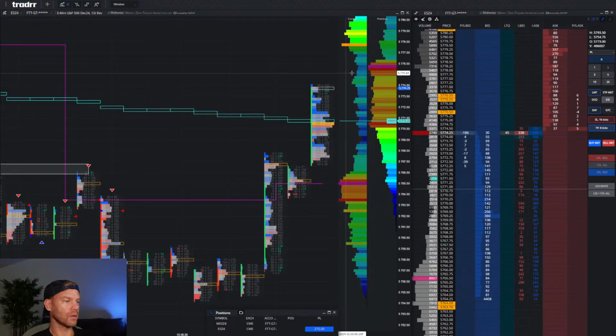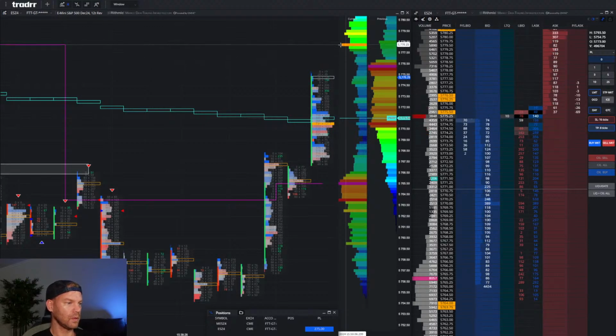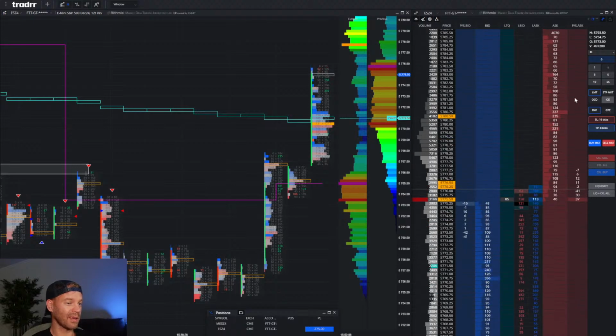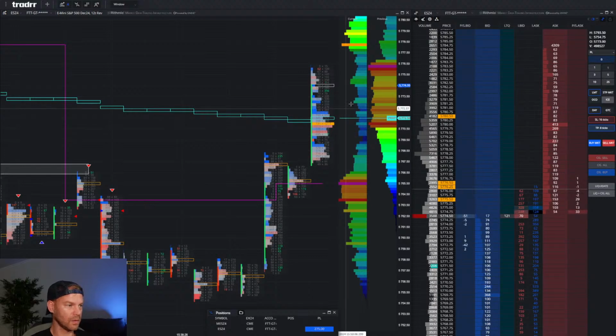Okay, so we're getting to that area in the VPOC of today and the volume from yesterday. So I kind of want to scalp it, maybe. But yeah. Oh, it already hit it. Here. 76, even, yeah.